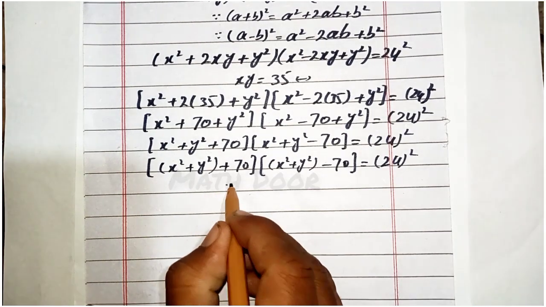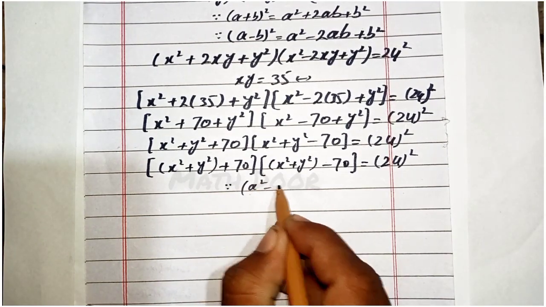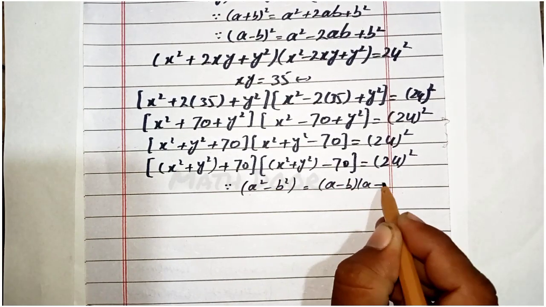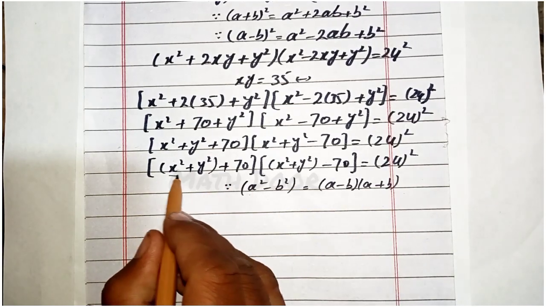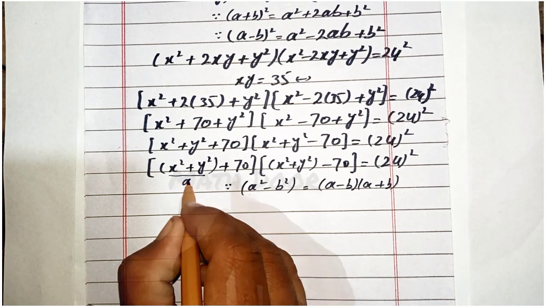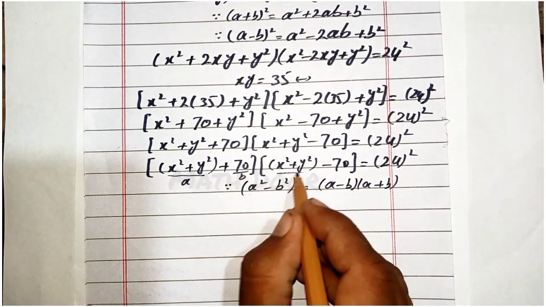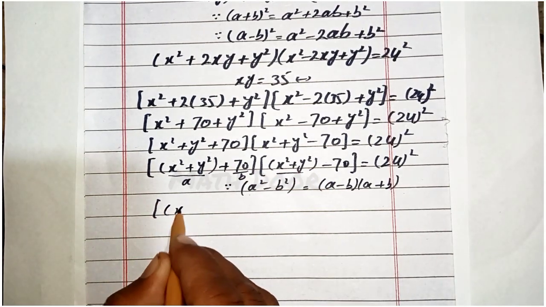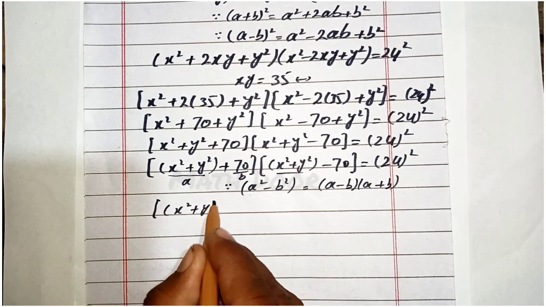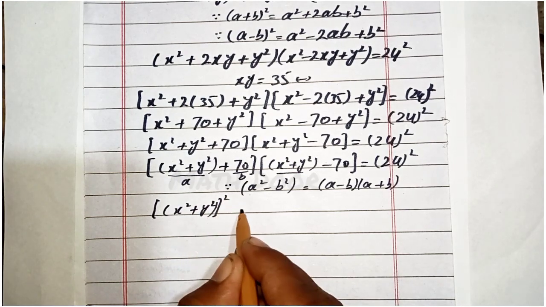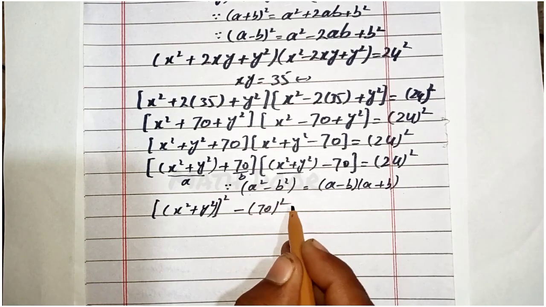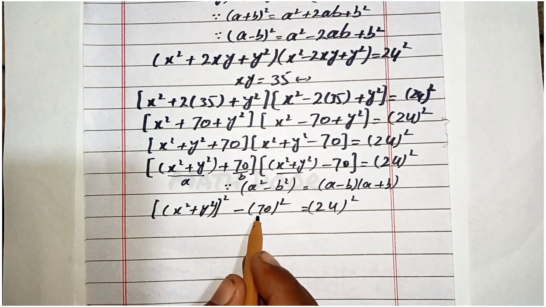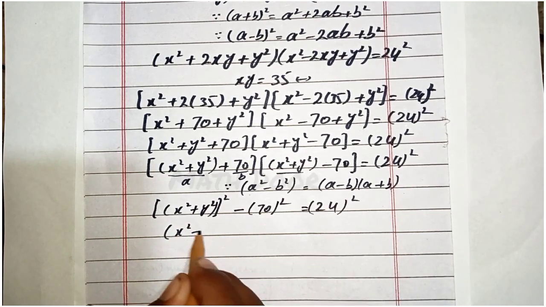We have another formula, a square minus b square would be equal to (a minus b)(a plus b). If we consider this one equal to a and this one equal to b, we apply this formula over here. So we write this as (x square plus y square) whole square minus 70 square is equal to 24 whole square. This 70 square goes to the right side of the equation.